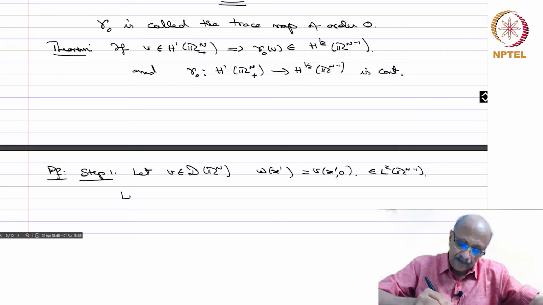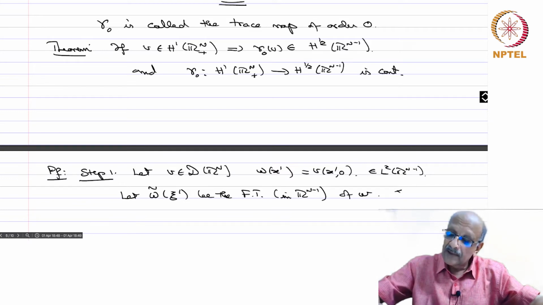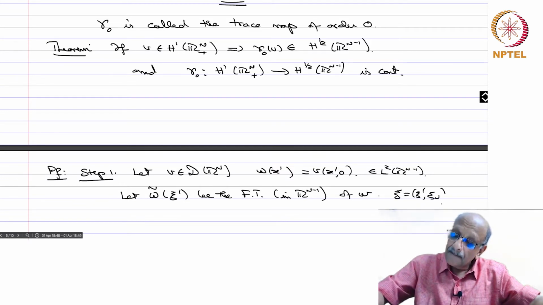So let W tilde of xi dash be the Fourier transform in Rn minus 1 of W. So again xi I am going to write as xi dash, xi dash in Rn minus 1.